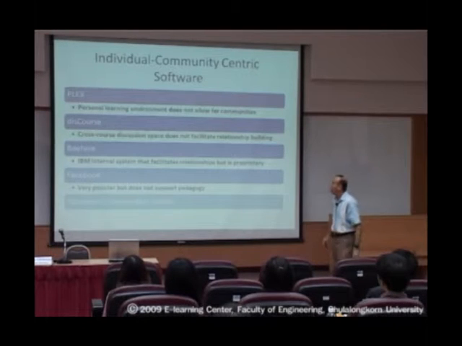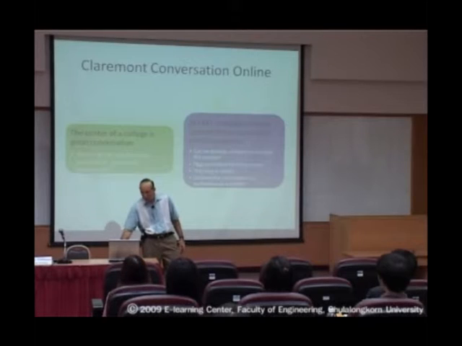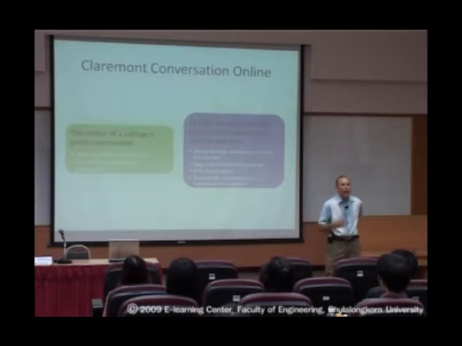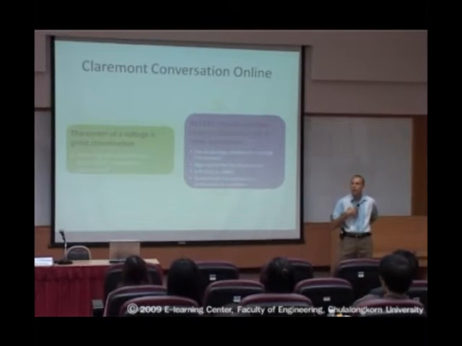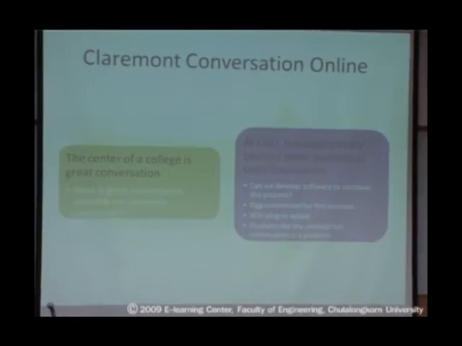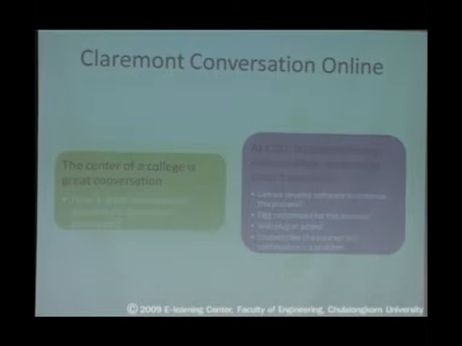And then the final example is obviously one that fits with the title of this talk, Claremont Conversation Online. The idea there was, again, it has constraints, but in our case, what we were looking at in our university is that we have a non-residential campus.